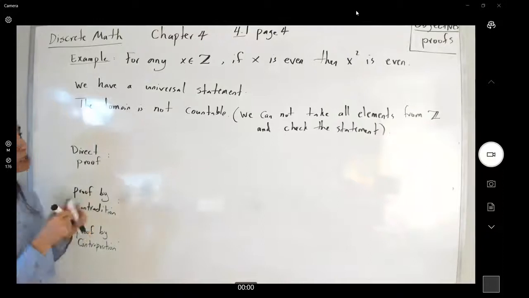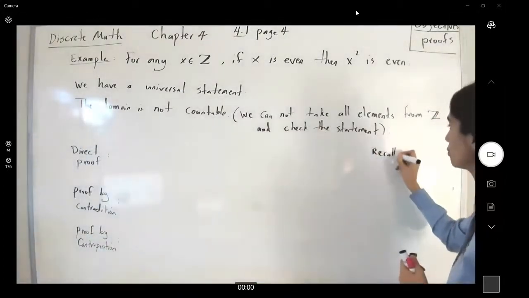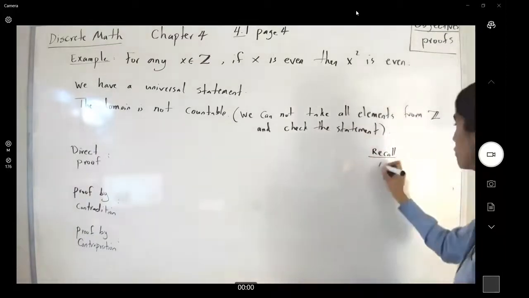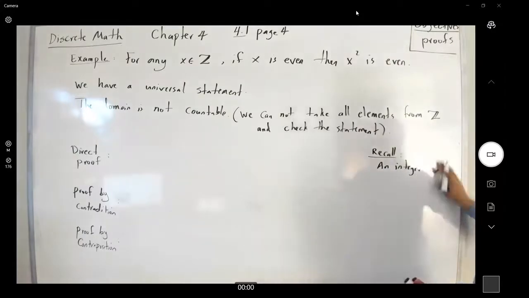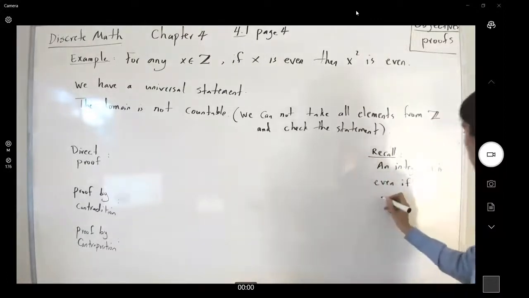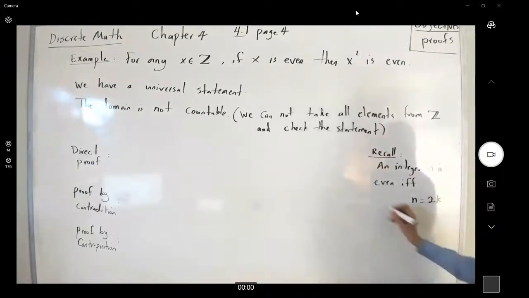Direct proof, so recall. Since you're using direct proof, you need to have the definition. An integer n is even if and only if n can be written as the double of another integer.